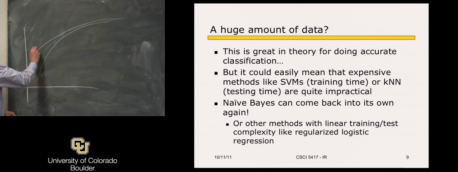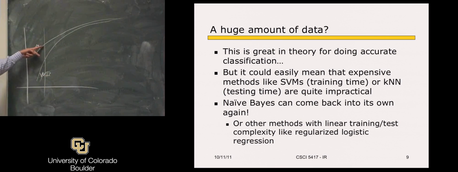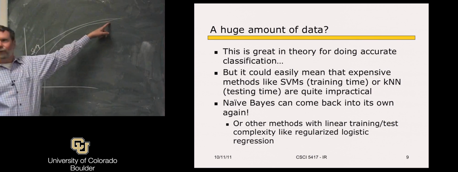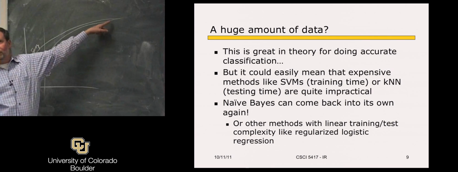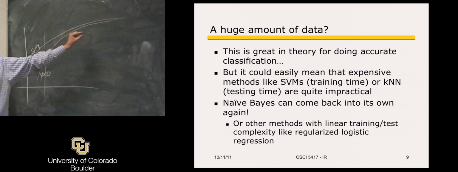So this is SVM and this is naive Bayes, where a smart system on any given fixed amount of training data is going to outperform a dumb system. Right? So SVMs are going to outperform naive Bayes. That make sense? Except when you get out here. The marginal difference between the two approaches diminishes as you get more and more training data.